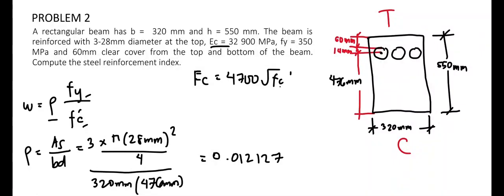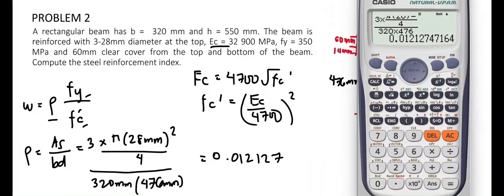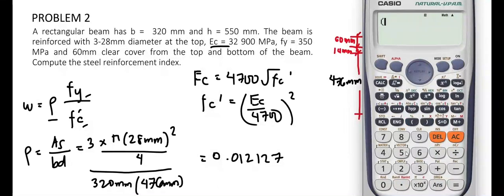Therefore, to solve for fc prime, by manipulating this equation, we get fc prime equals the modulus of elasticity of concrete divided by 4,700, raised to the power of 2. So this is 32,900 over 4,700 squared. That is equal to 49.